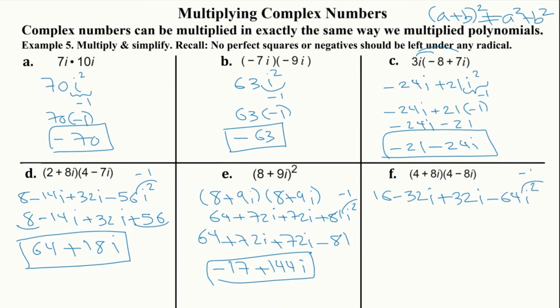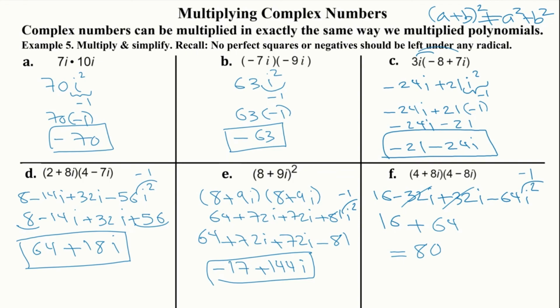I squared being -1, so we get 16 minus, these two cancel out, right? So plus 64, which is 80. Now, this we're going to look at in a different way in a minute, can be done very quickly if we remember something together.